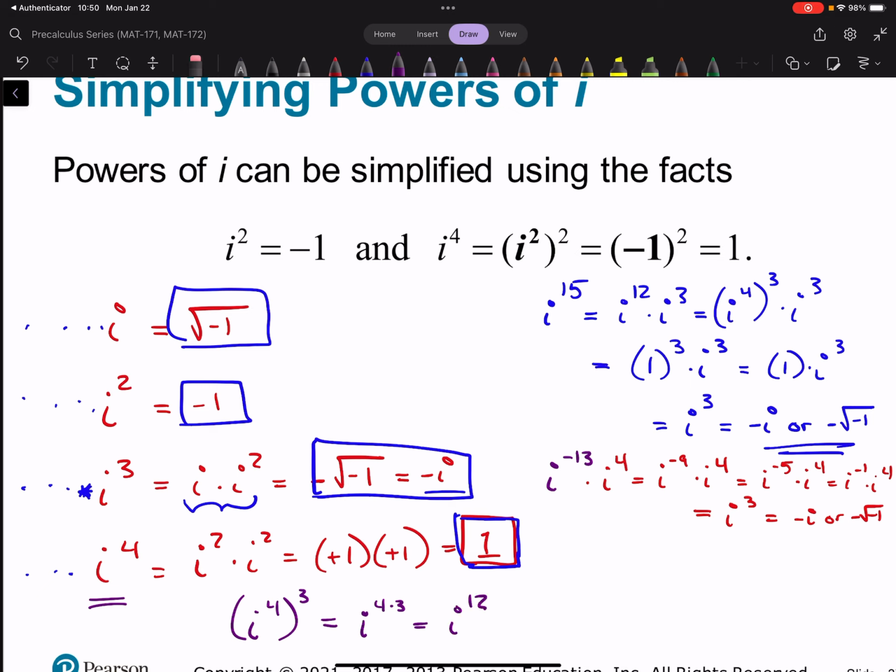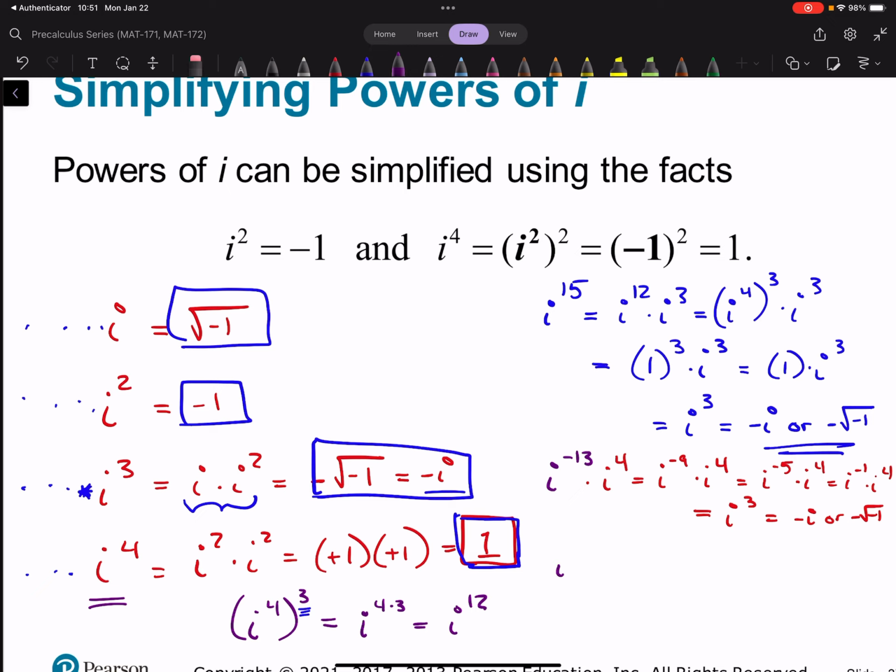So every time I raise the power of i to the 4th, I get another 4. So i to the 4th to the 4th power would be i to the 16th, all right? And that's what we would need to multiply this by.